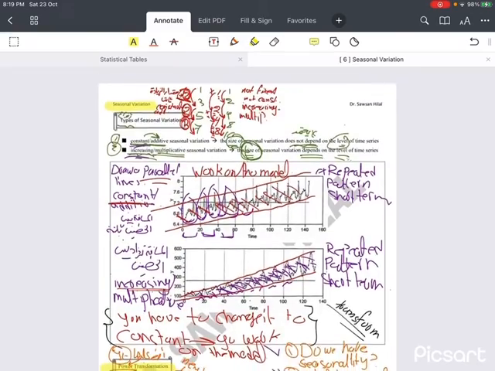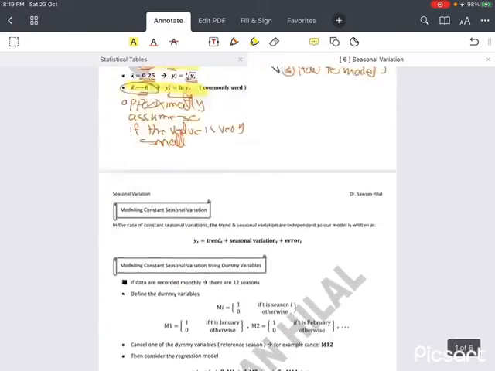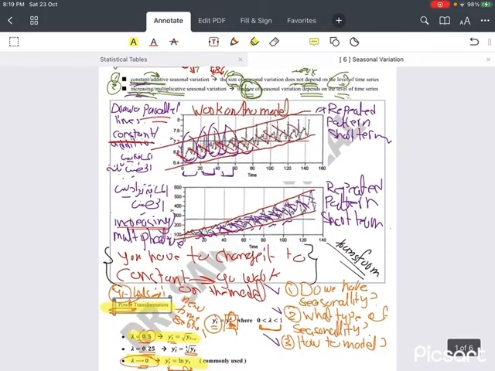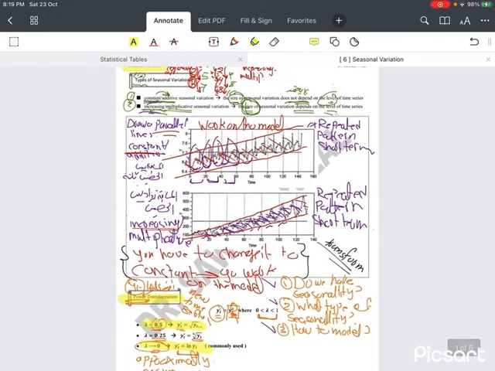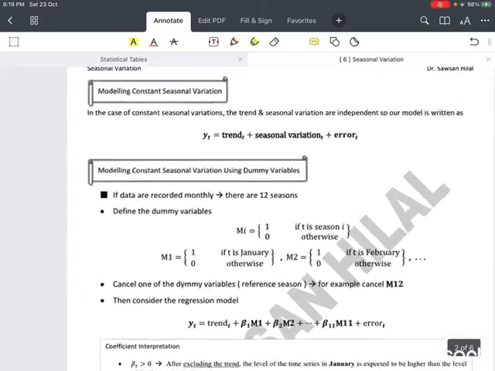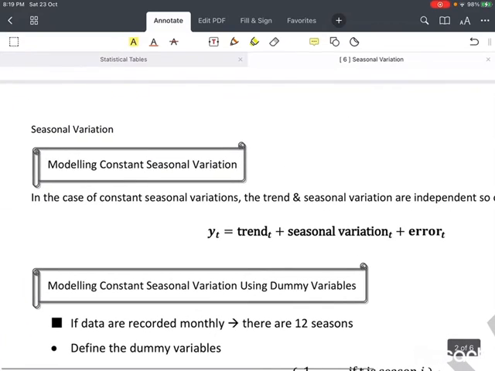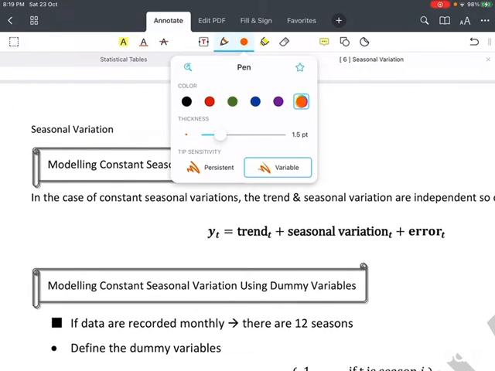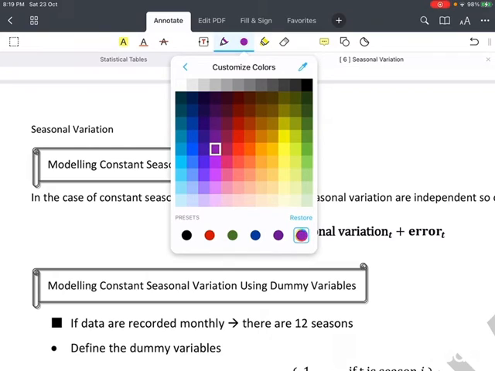Okay, so we learned in this page about the types of seasonal variation and the transformation. Now we will talk about the modeling. The modeling covers two types.